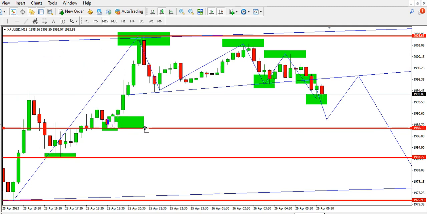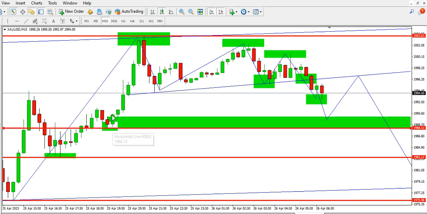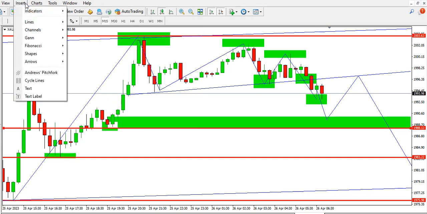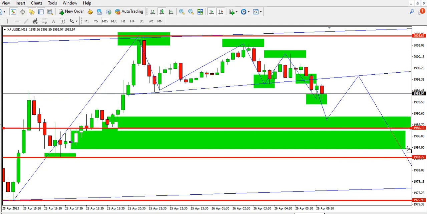This is another block, a zone where the buyers were able to take price up in this particular run. So this is our order block. This is another order block, a zone where the buyers were able to take price up.